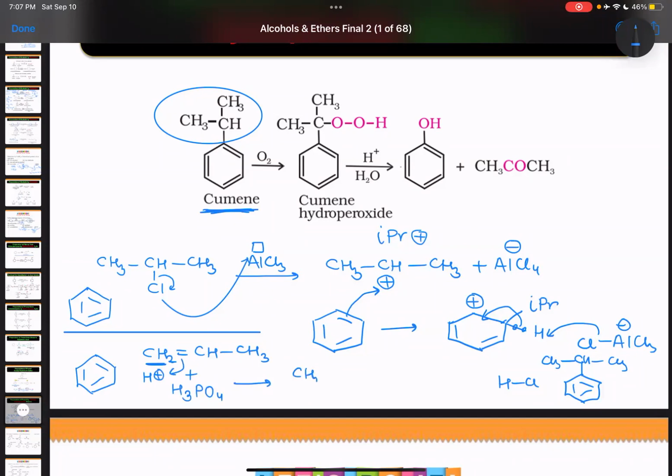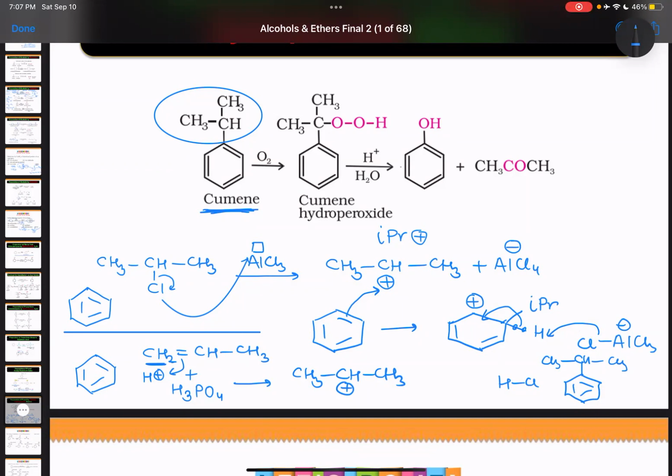So you are going to get the isopropyl cation, but in a different way. Initially you took chloride and the chloride was removed by AlCl3. But in the second one you took the alkene, you added H plus the Markovnikov way, and you created the isopropyl cation.